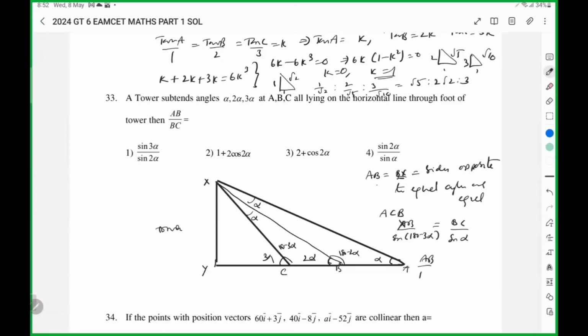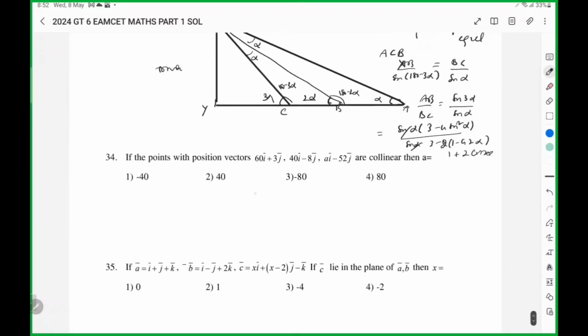So AB by BC is sine 3 alpha by sine alpha. Sine 3 alpha is sine alpha into 3 minus 4 sine square alpha, which is 1 plus 2 cos 2 alpha. So second option.